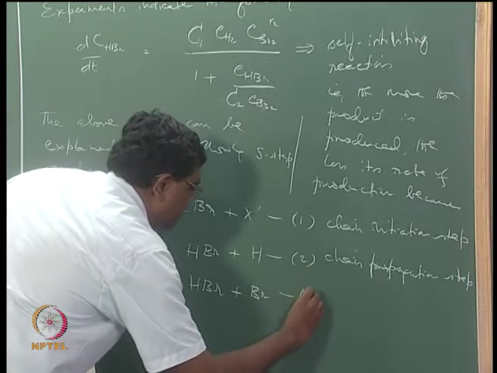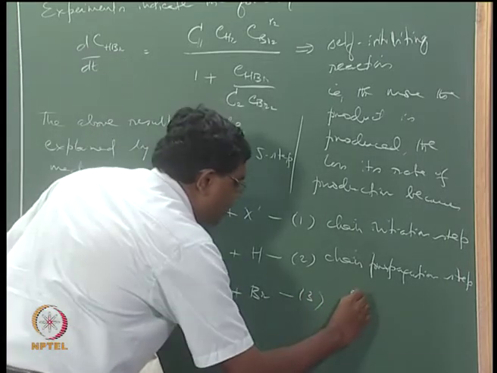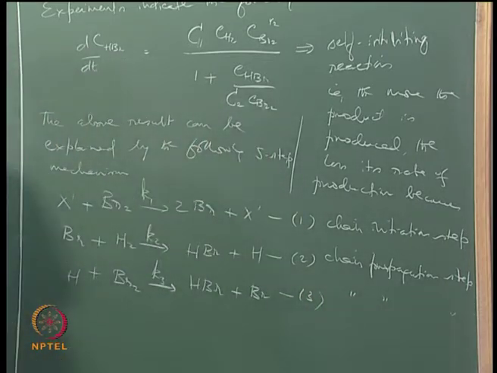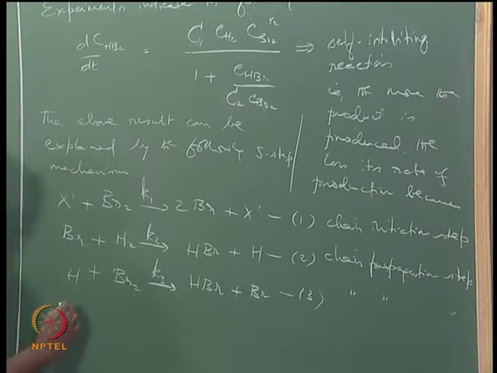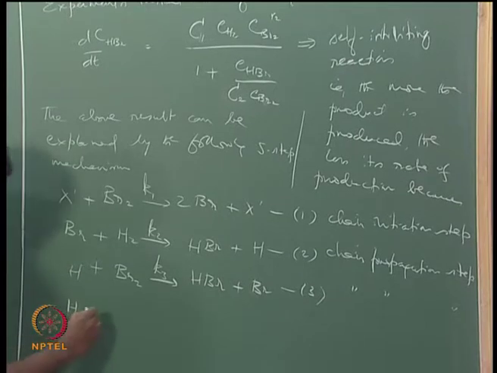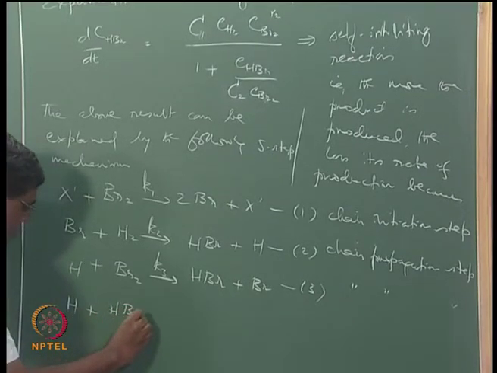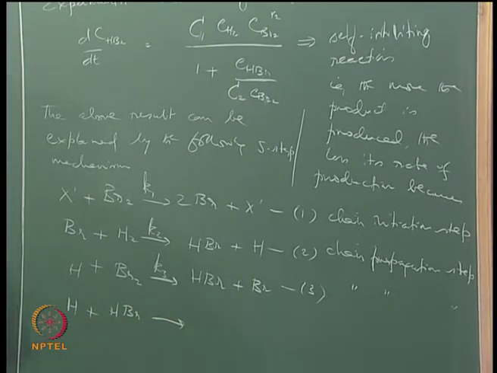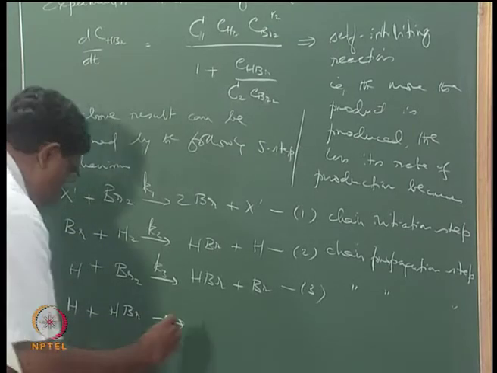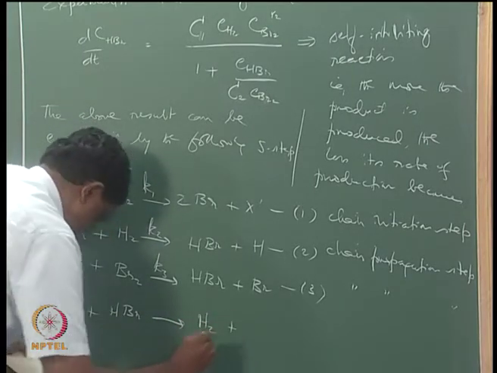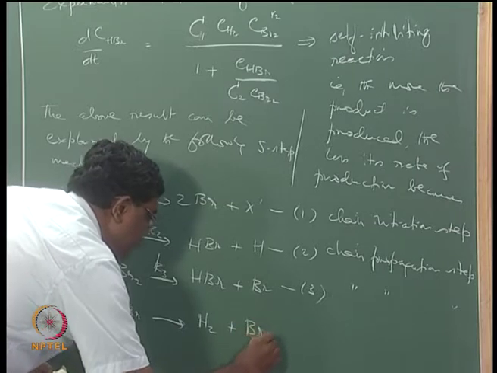So this is reaction number 3. This is also a chain propagation step, and then we have H plus HBr that gives you H2 plus Br.